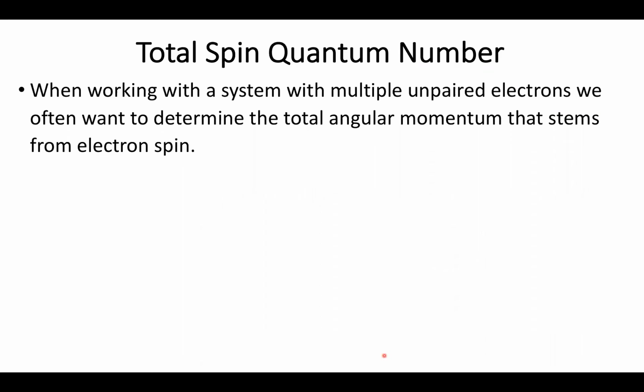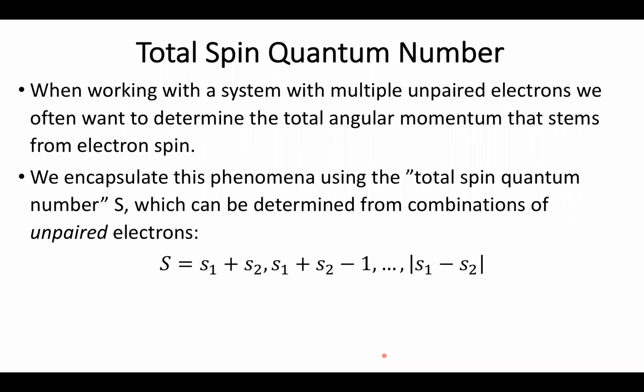So, we're going to do this by focusing in on a property called the total spin quantum number. This is capital S, which can be determined from using a Clebsch-Gordan sequence of the combinations of unpaired electrons, where the total spin will max out at the two spins added together and minimize when they are directly opposed.